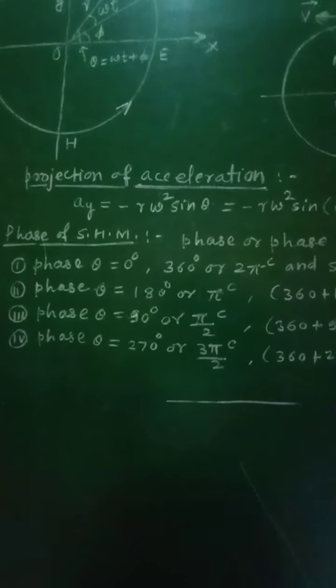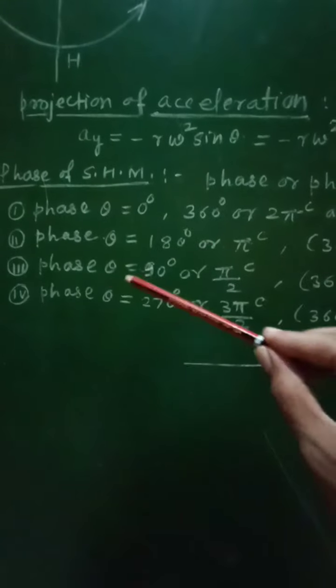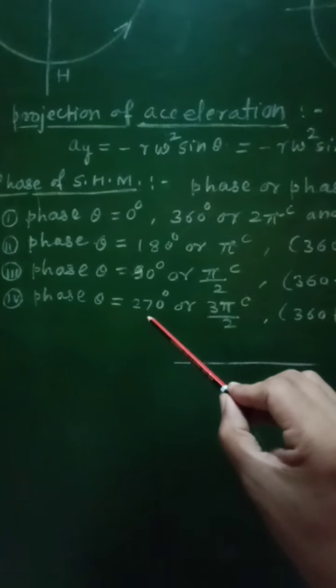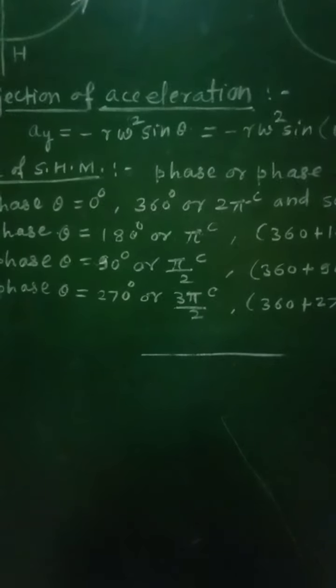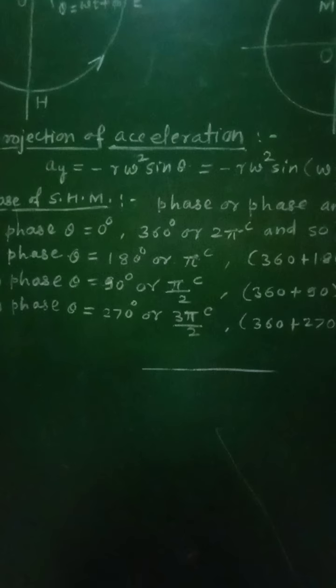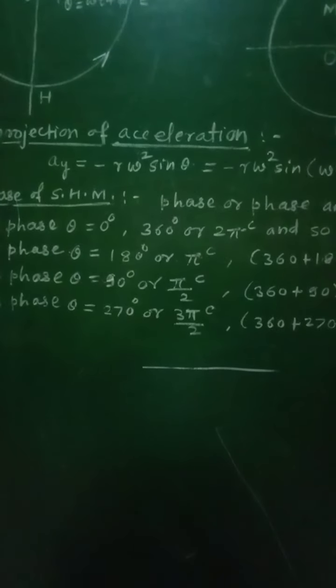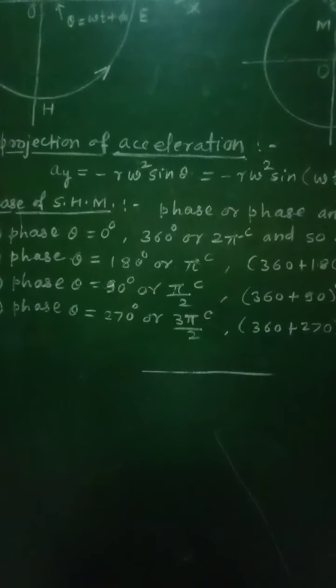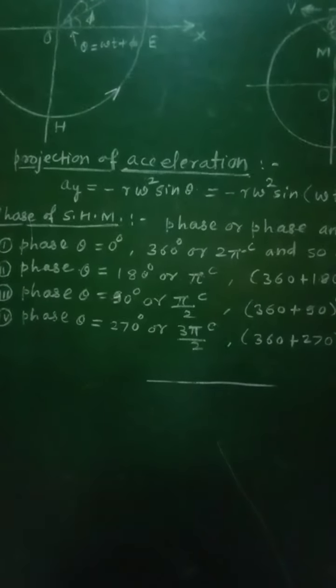Now let us consider the last case, that is when phase theta is equal to 270 degree or 3 pi by 2 radian. At that time, it will represent that the particle is at the negative extreme position during the first oscillation.